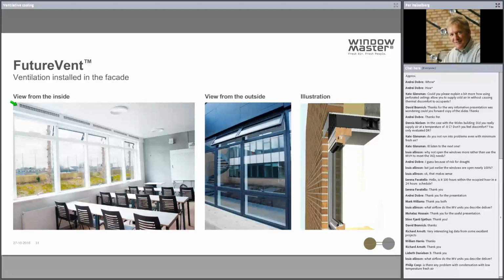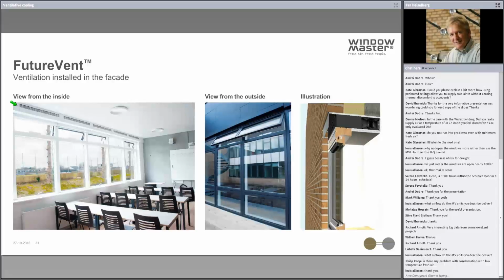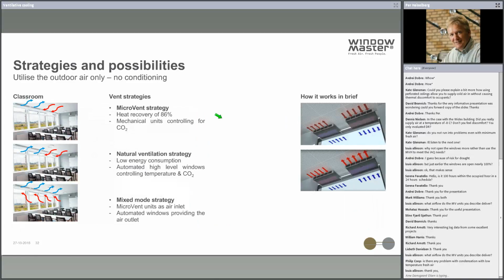Of course there could be a condensation problem that you have to consider. I think Philip asked about this specific solution. What these units do is rotate. They work in pairs.